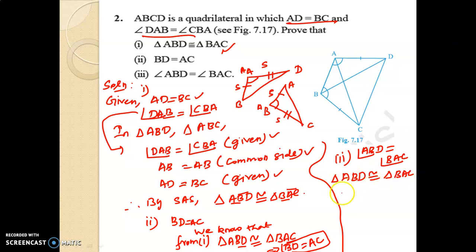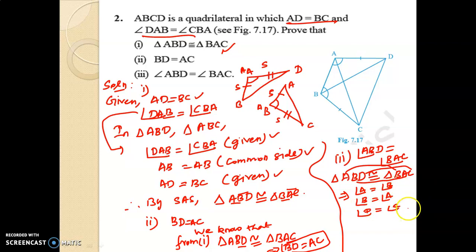From this, what is the angle property? Angle A equal to angle B, angle B equal to angle A, and the third one equal to the third one, angle D equal to angle C.